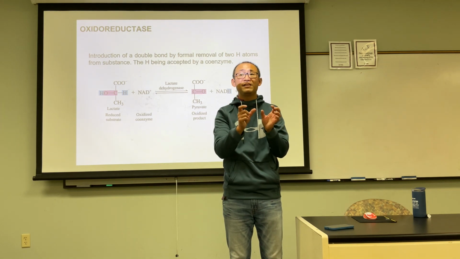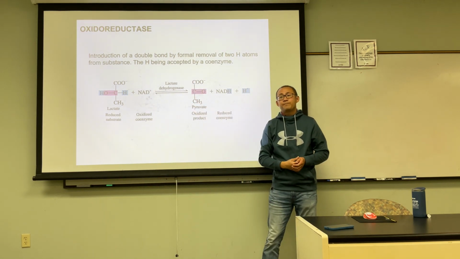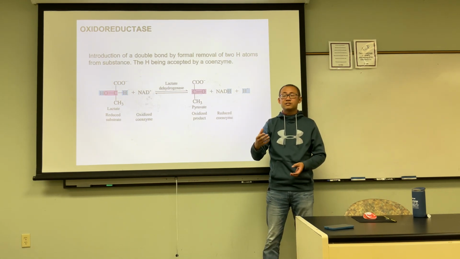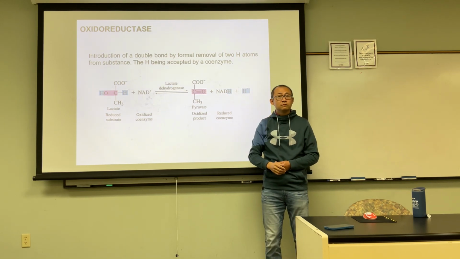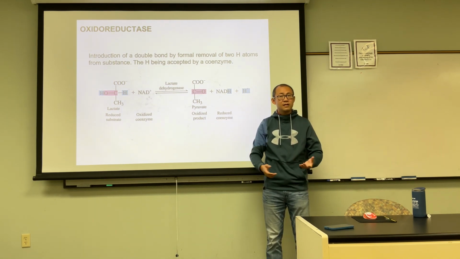They always come together, and that's why the enzyme is called oxido and what? Reductase. Normally for an oxidation reduction reaction, what we will see is what? Removing hydrogen, that's oxidation. Adding hydrogen is what? Reduction. We studied that in previous chapters.